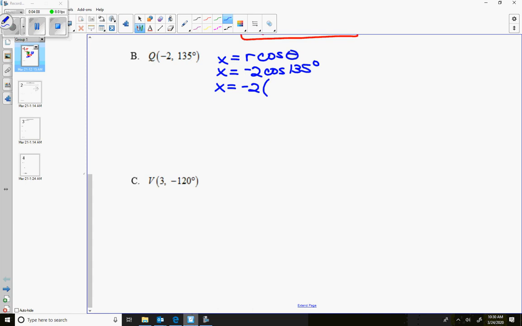So what is the cosine of 135 degrees? Okay, negative square root of 2 over 2. Do the arithmetic. The negatives and the 2's cancel out, so all we're left with is just square root of 2.